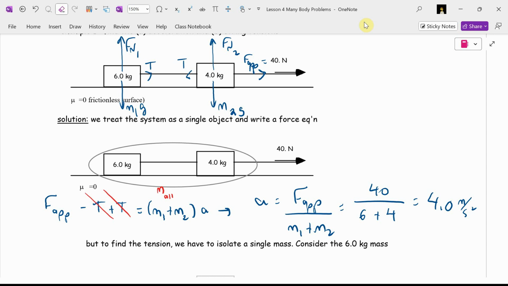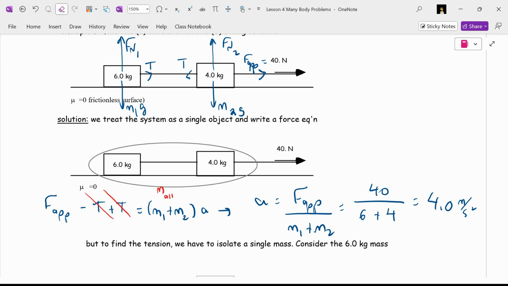What does it say for part B? Tension. To find an individual force, I'm going to write an equation for an individual mass. Why can't I use this equation to find the tension? Fairly obvious. The tension's canceled.